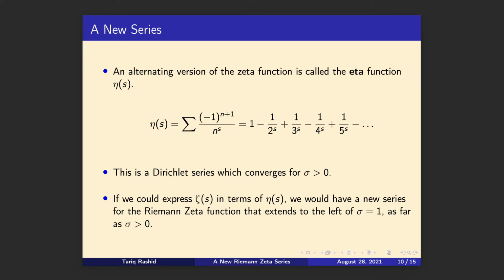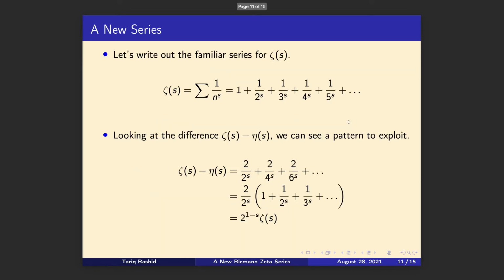We're going to try and express zeta in terms of eta, and it's not that difficult to do. In fact, looking at this, there are patterns we can exploit. They're similar already, and the algebra is really simple. So this is the normal zeta function. If we take the difference, zeta minus eta, you can see that the positive terms will cancel out. Let's look at that.